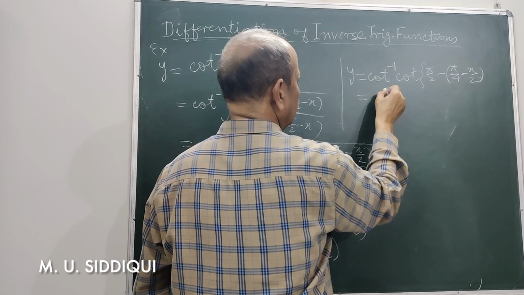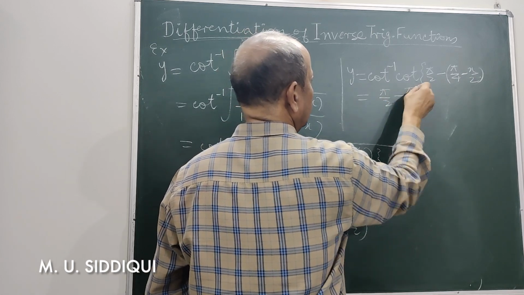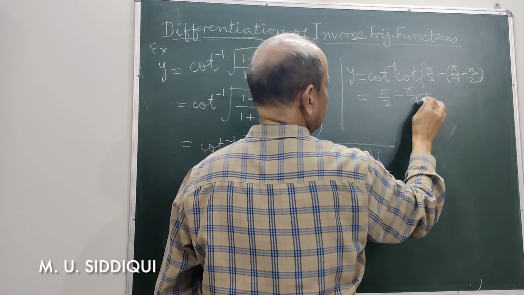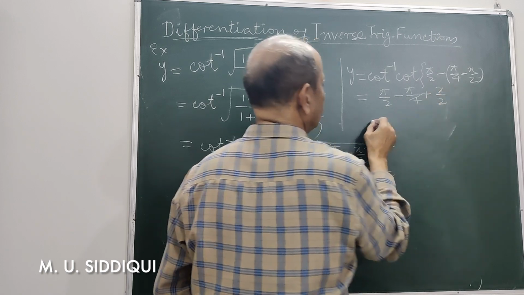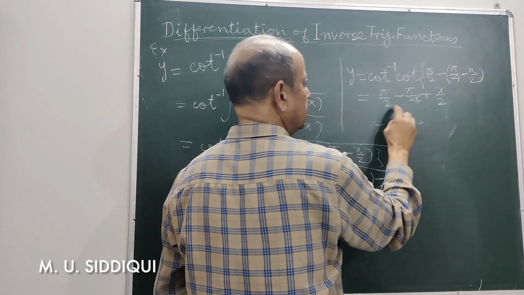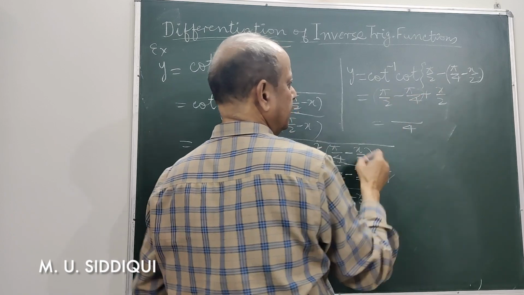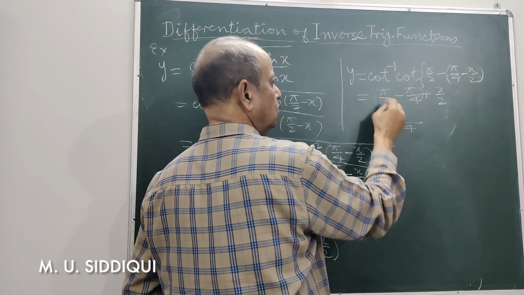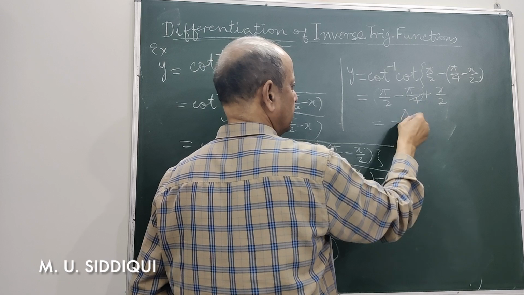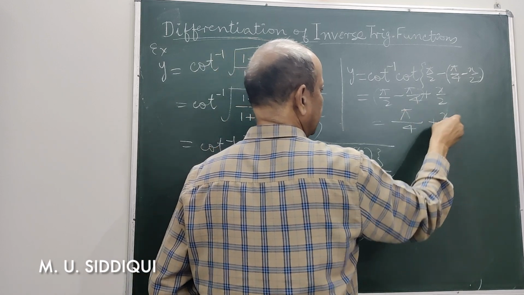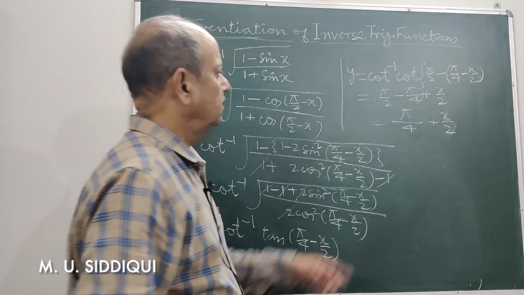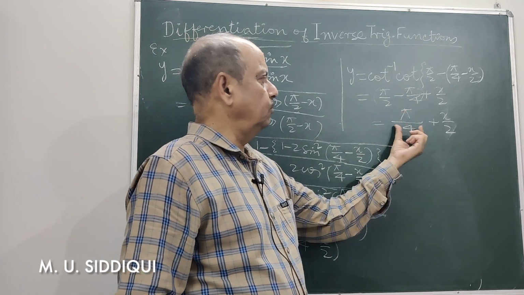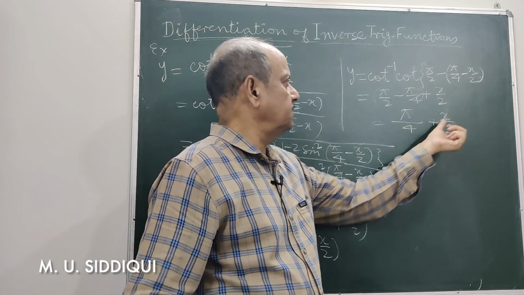Now you get only pi by 2 minus pi by 4, minus and minus makes it a plus sign, x by 2. LCM for these two parts only I am writing. So 2 pi minus pi, that is pi plus x by 2. So pi by 2 minus pi by 4 is simplified to pi by 4 plus x by 2.